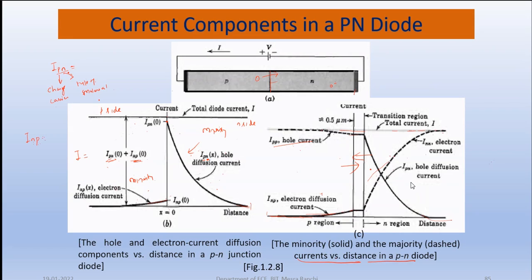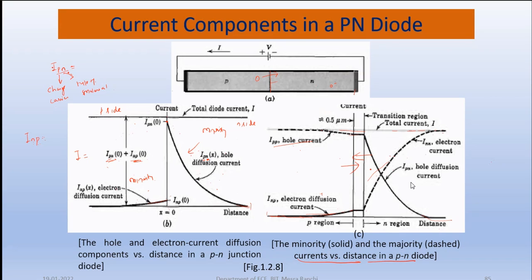See what is written over here. This is a diagram taken from Millman Halkias, right? Please focus. You can easily understand it. There is nothing complex in it. So what is the meaning? When we write IPN, first see, this P stands for the charge carrier, that means current due to holes, right?